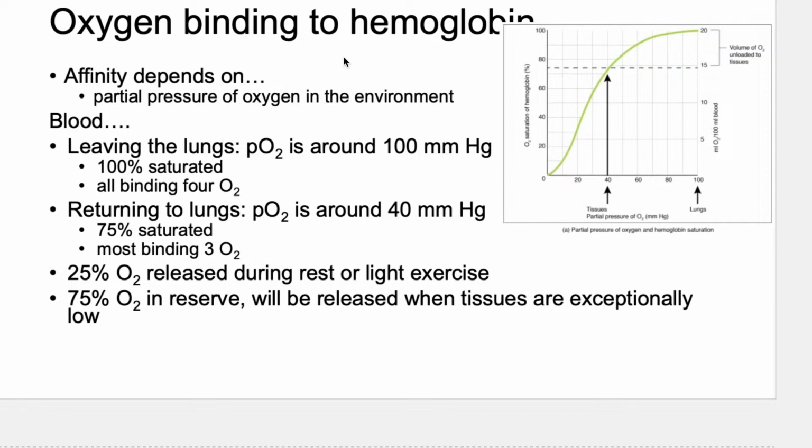This is where that affinity thing comes into play, where you need to have those oxygens because it'll help grab oxygen. It'll just make the process more efficient. Because otherwise, if it was 0% saturated, it wouldn't pick up oxygen at the lung capillaries as efficiently. So that's what the affinity is representing.